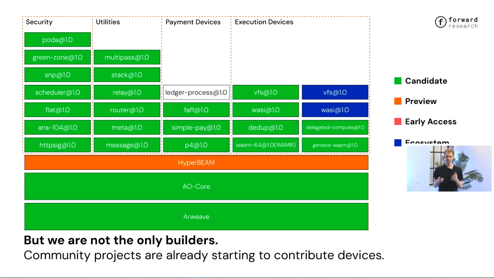But we're not the only people that are building devices inside the system. There's already 2 implementations of GPU hardware additions as devices inside the supercomputer. Those are WebGPU and also WASI-NN, both useful for slightly different things.